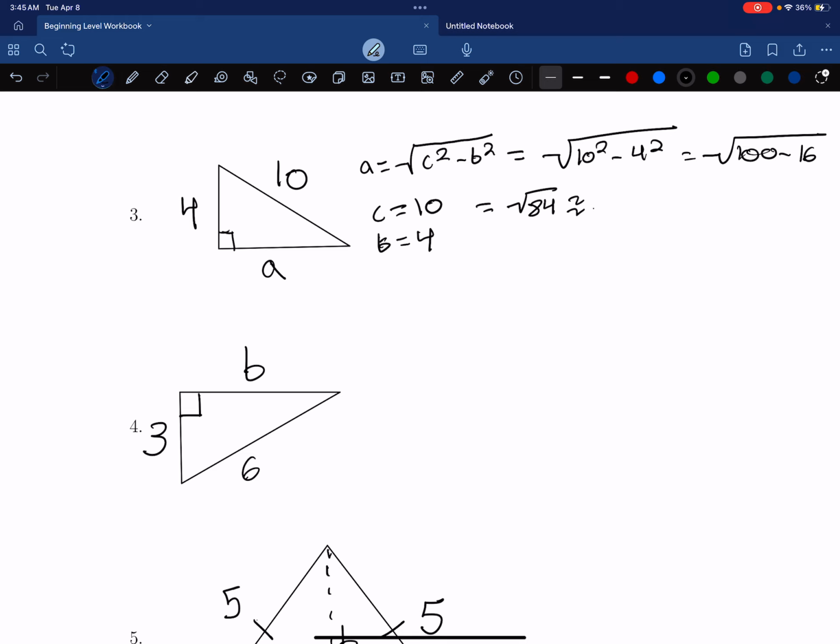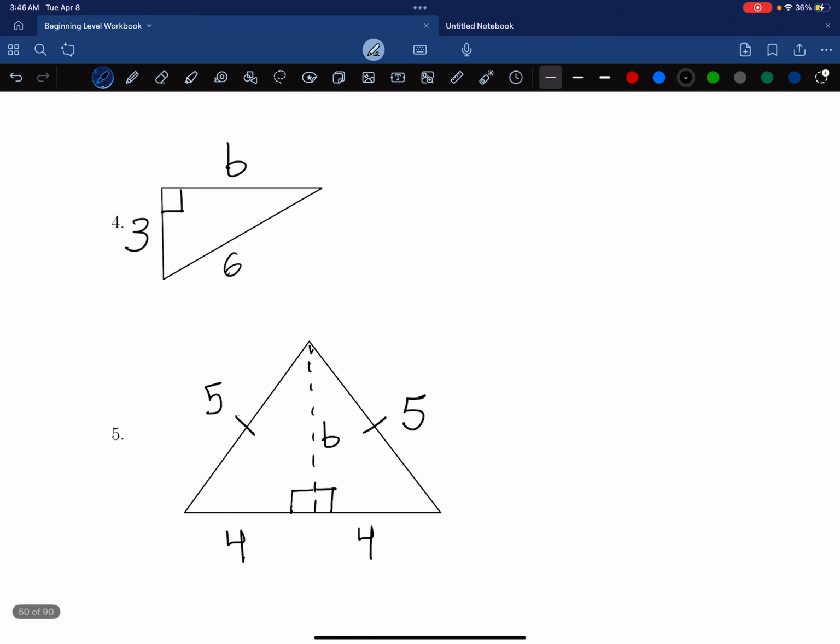And square root of 84, I encourage you to pause the video and actually evaluate the square root of 84 in a calculator to see if you can do that. And if you evaluate in your calculator, you should get approximately 9.17.